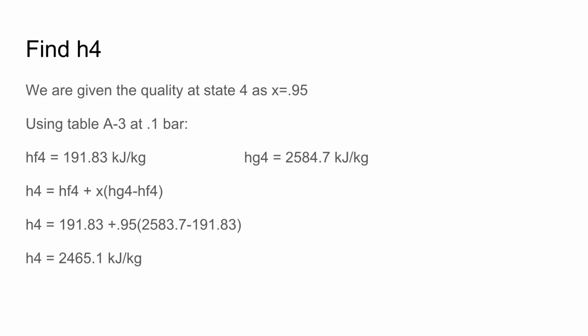We can look in table A3 at 0.1 bar and find the hf and hg values. Knowing that the quality is 0.95, we can find h4 as hf4 plus x times (hg4 minus hf4), and get h4 as 2465.1 kilojoules per kilogram.